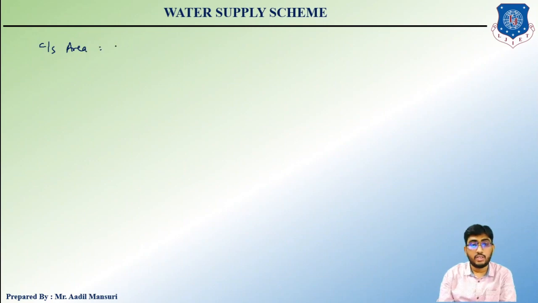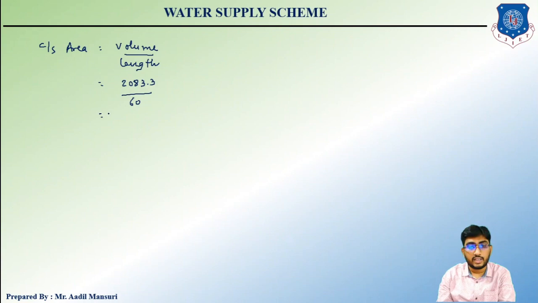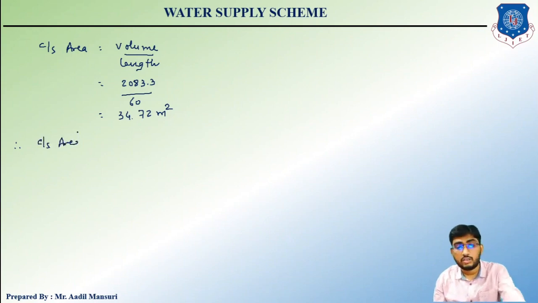This will be equal to volume by length. What was the volume we have found out? 2083.3 meter cube divided by length, that is 60. So this will be equal to 34.72 meter square.